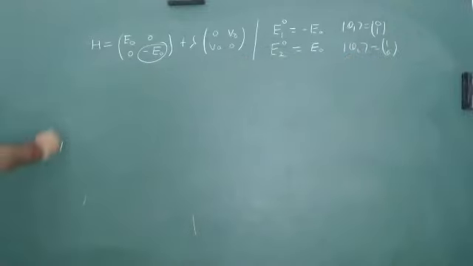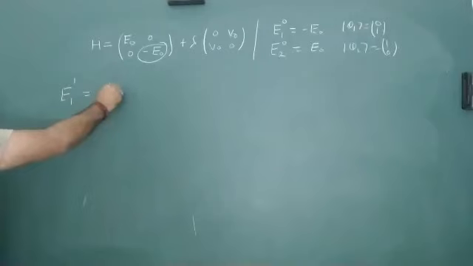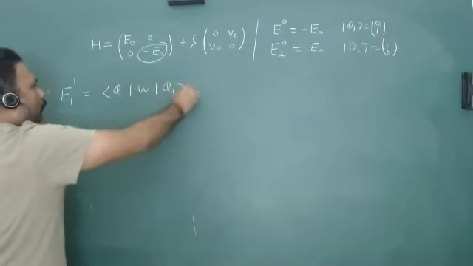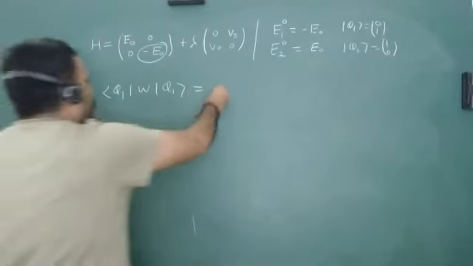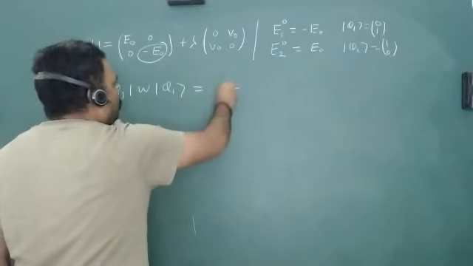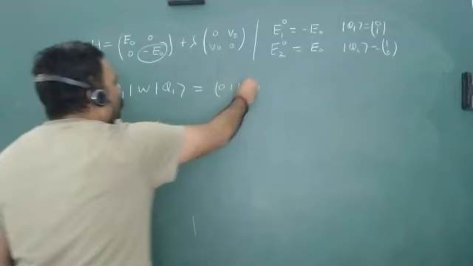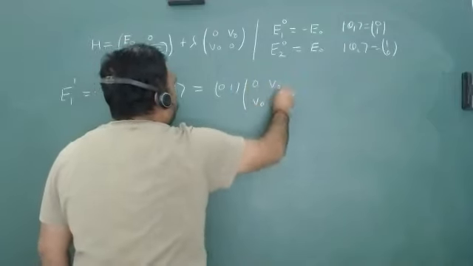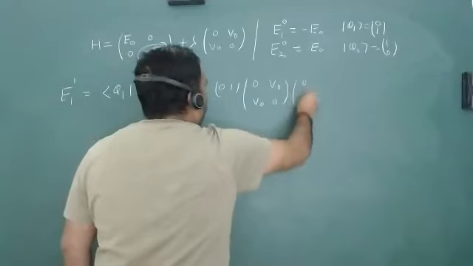And now we have to calculate E11. It means we have to write phi 1 W phi 1, where phi 1 is (0, 1). This is W: you will write (0, V naught; 0, 0) and then (0, 1).